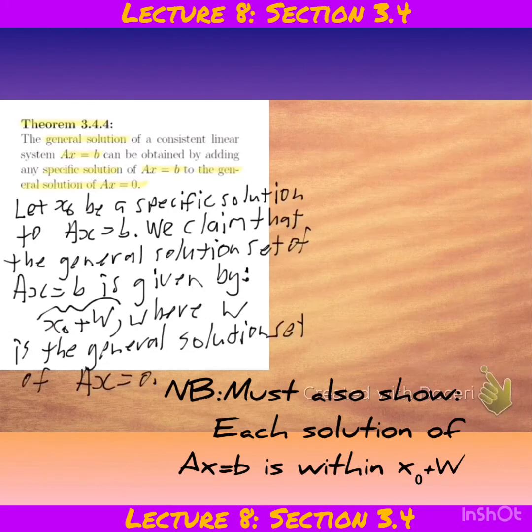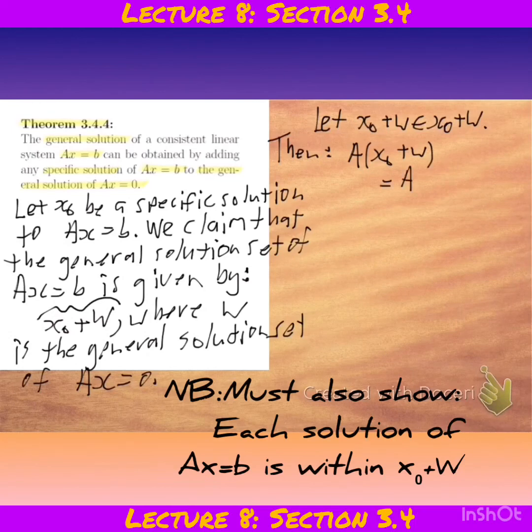We can easily do that. You can take a point within that set and check that it's a solution. All you do is plug that point into your system, and that gives Ax0 plus Aw. And what is this?